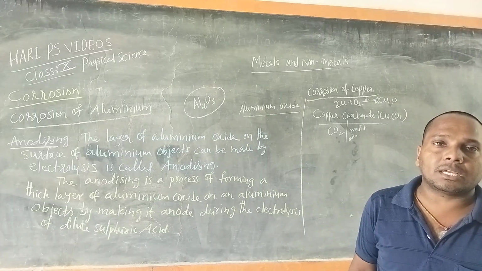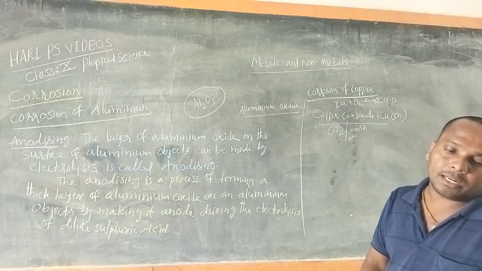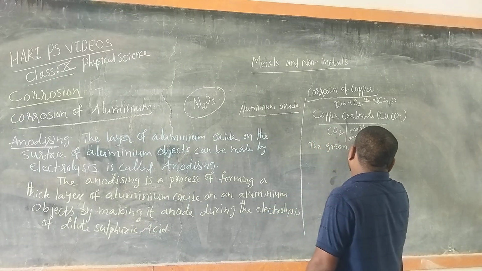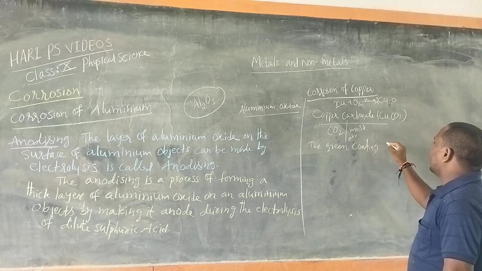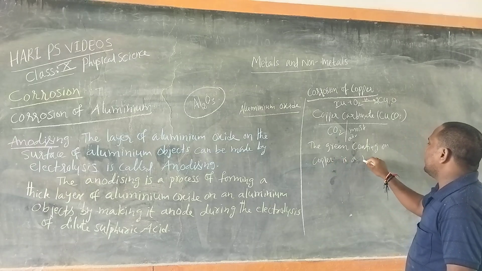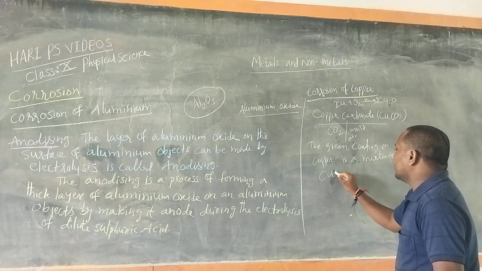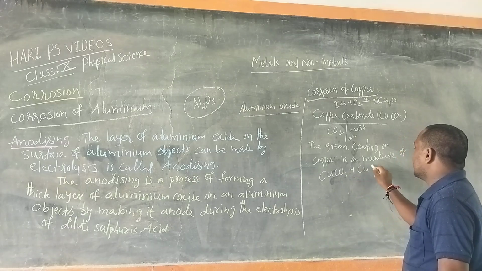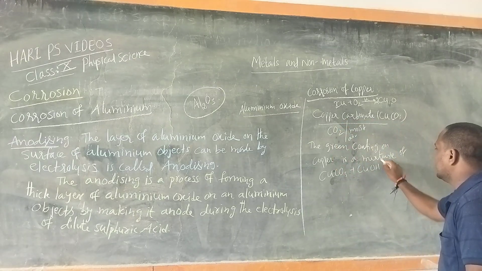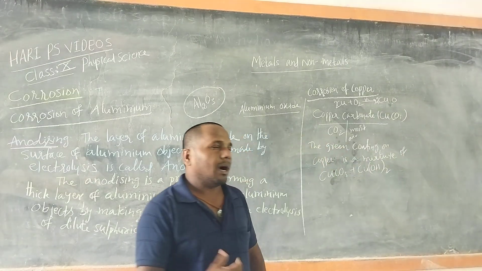The green coating of basic copper carbonate is a mixture of copper carbonate and copper hydroxide.